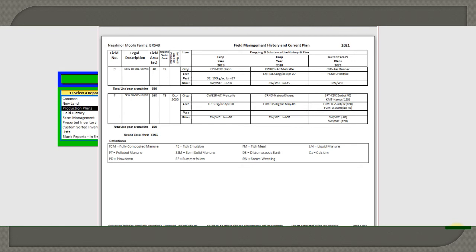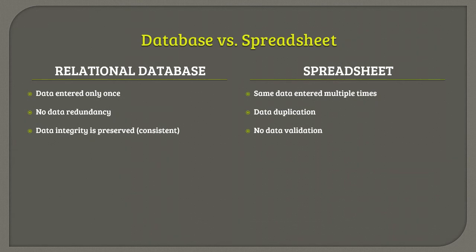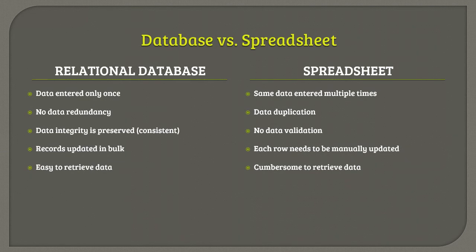In a relational database, data integrity is preserved, always consistent. There's no data validation in a spreadsheet. Records are updated in bulk, and data is easy to retrieve from a database. In a spreadsheet, every row needs to be updated manually and is very cumbersome to retrieve data.